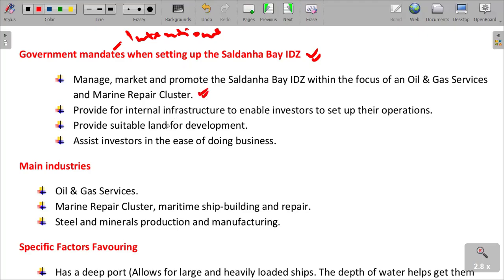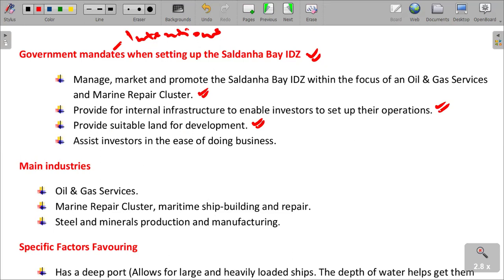It actually focuses on providing internal infrastructure development in order for investors to set up their operations, and providing suitable land for development.